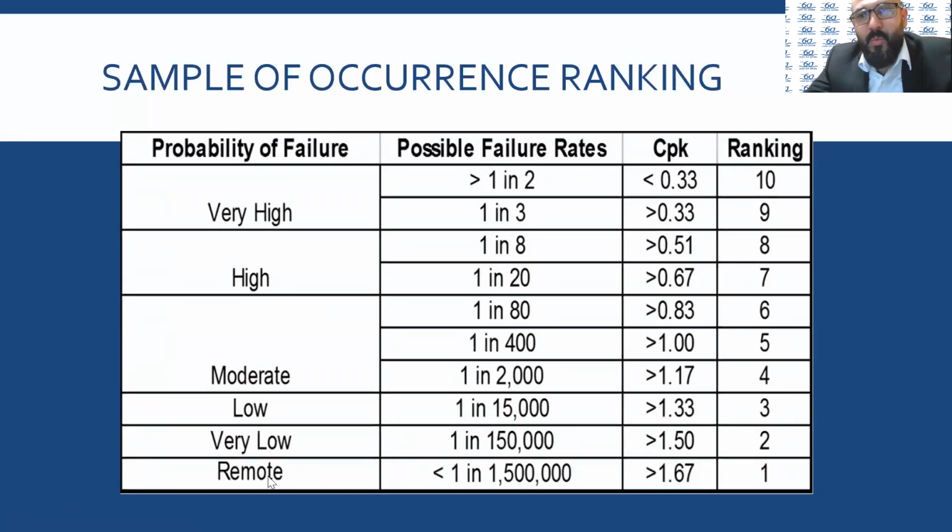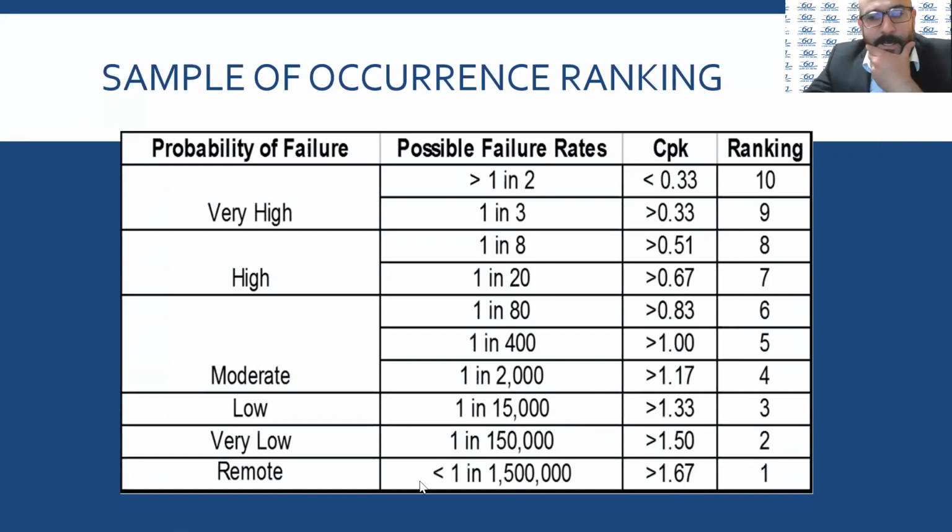Remember, scale 1 to 10. 10 is the high danger and 1 is less important. So as you see, the process capability impacts the ranking here. The lower the process capability, the higher the ranking. So as long as you are able to improve the process capability, the ranking would be low.